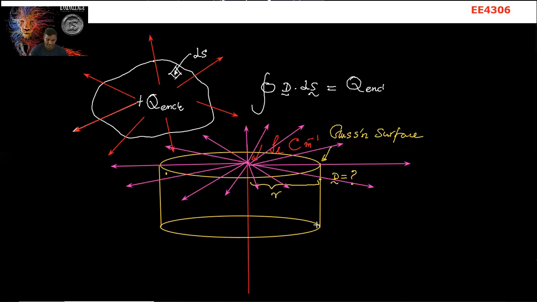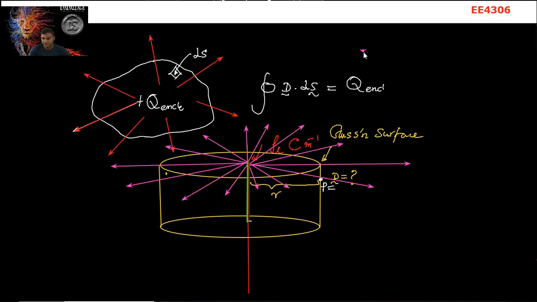Say you want to compute the flux density at this point P. To find the flux density at point P, just apply Gauss's law. The total charge enclosed by this Gaussian surface is located from here to here.